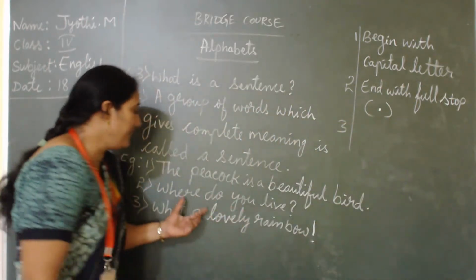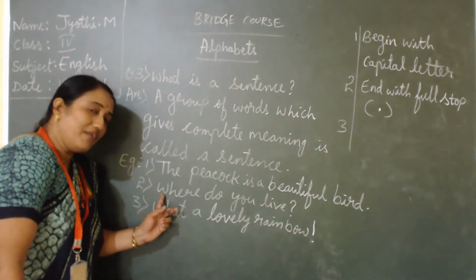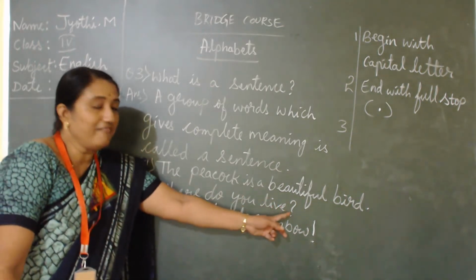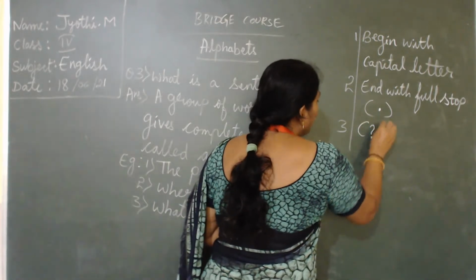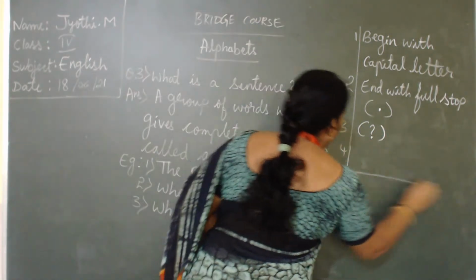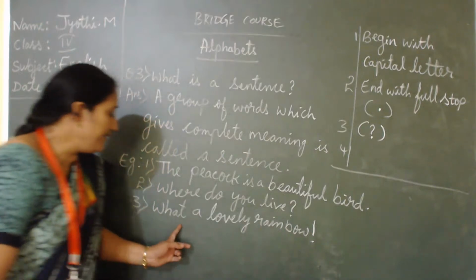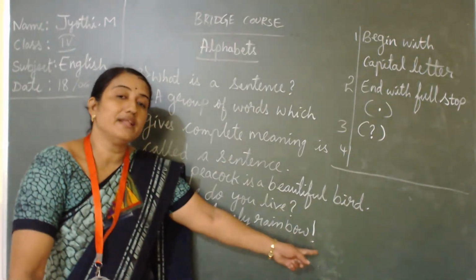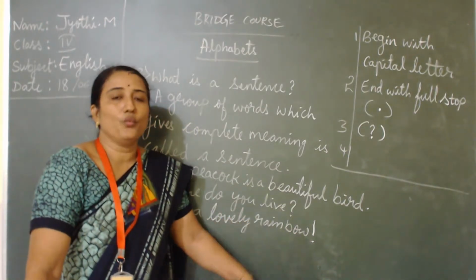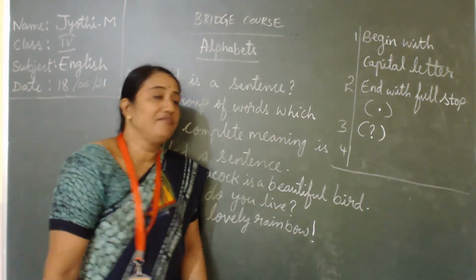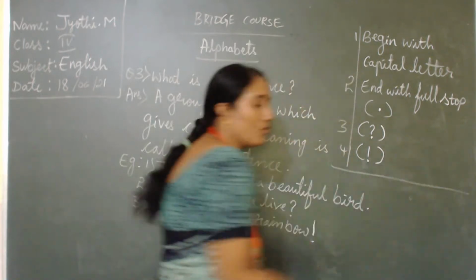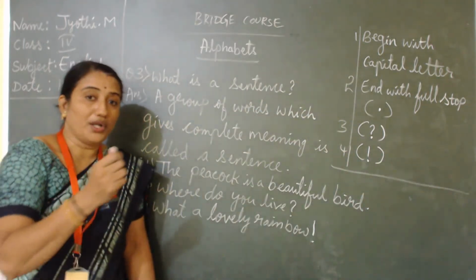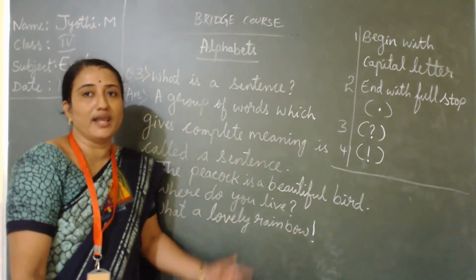In some sentences, the starting letter will be capital, but the end will be with a question mark. And sometimes the sentence will end with an exclamation mark, where you express your feelings. When you see a rose, you will say, oh, what a beautiful rose, what a lovely rose.